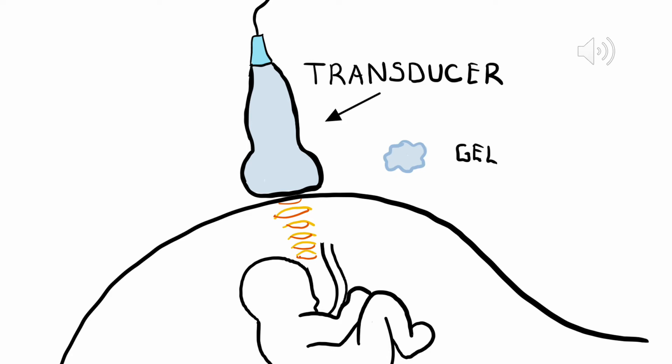It reflects back when there's an interface between, for example, blood and tissue, or in this case, the baby. The transducer has the ability to time everything, both when the first pulse was sent out and when it came back. Knowing this and knowing the speed of sound, it can calculate the distance of each individual pulse, and by this knowledge create a picture of the baby.